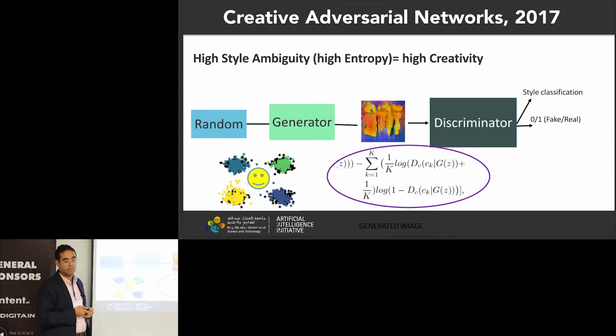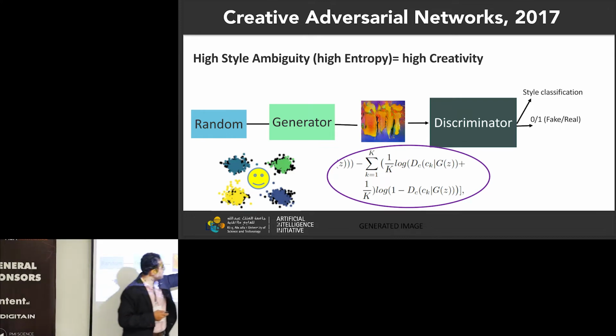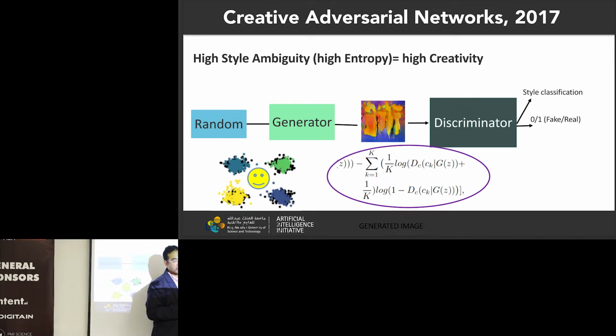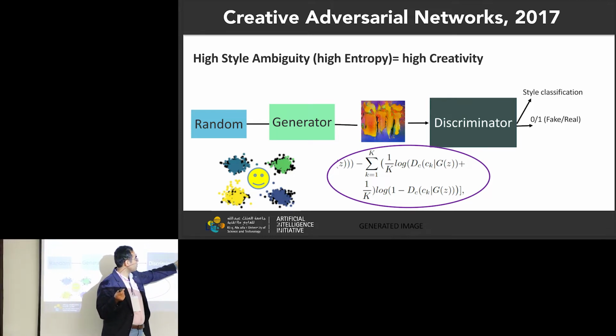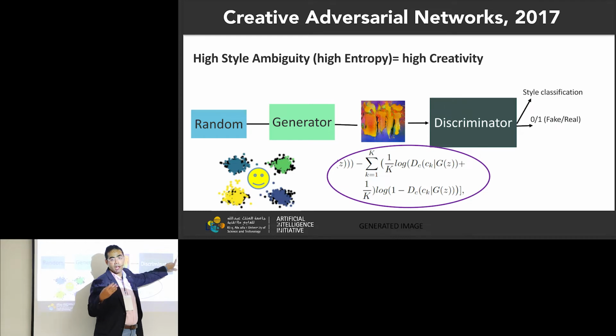I was asking, what is the difference between what was added compared to the standard GAN, to other generative networks? Compared to the standard GAN there are two differences. One is this style classification loss, which is also used in some other settings. That makes the model more informed about different art styles.